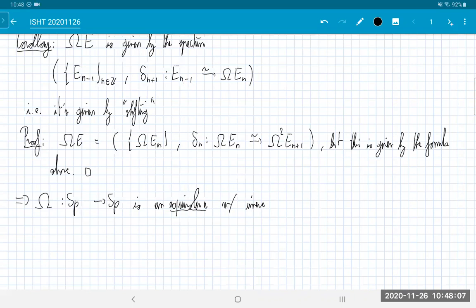Wait, how can that be possible? No. Oh, yeah. Sorry. Everything is correct now, with inverse given by this shifting.